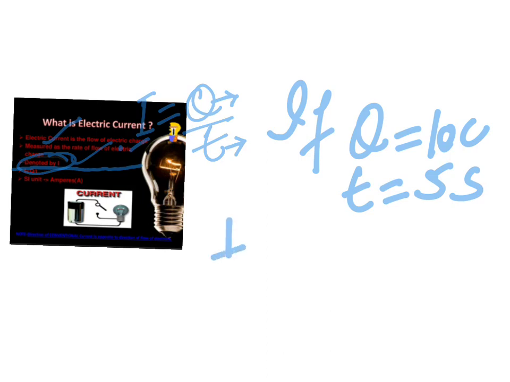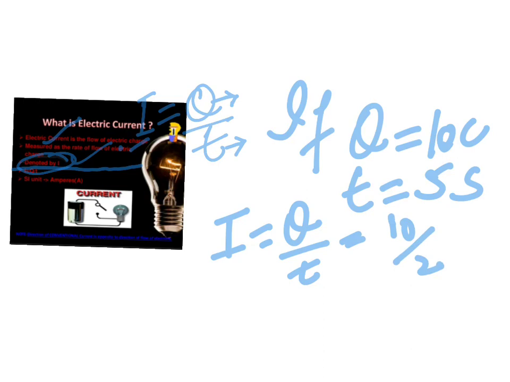As you know, I, electric current, is equal to Q divided by T. So as Q is equal to 10 and time is equal to 2, electric current will be 5 ampere. This is a way to find the value of electric current.